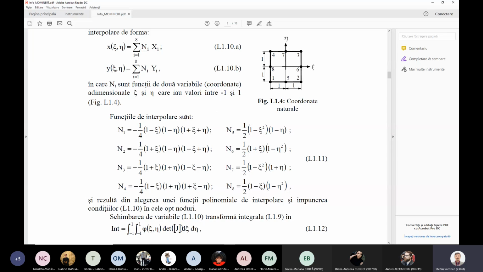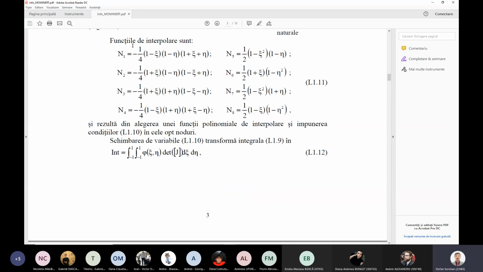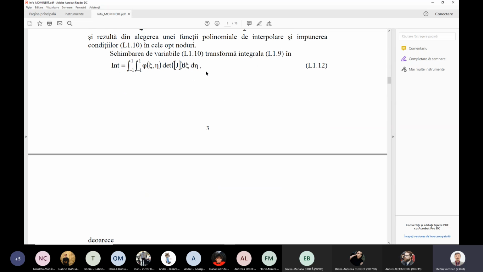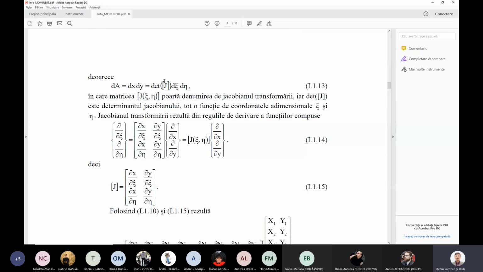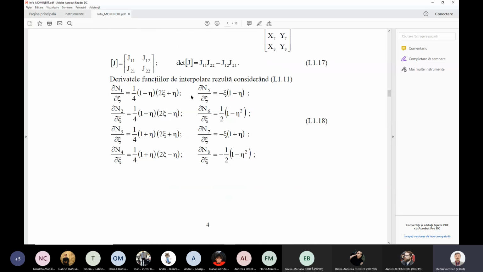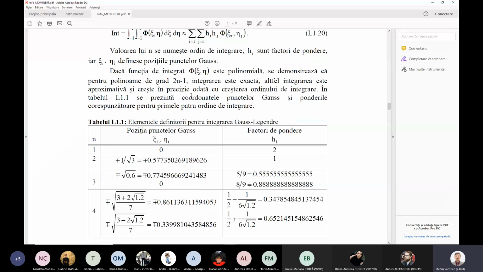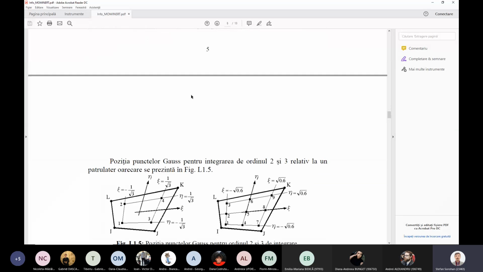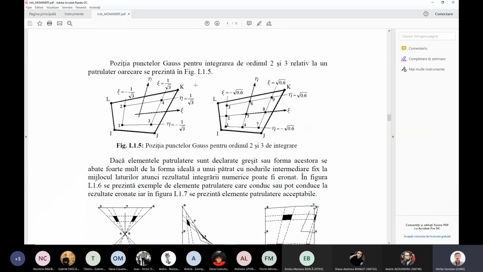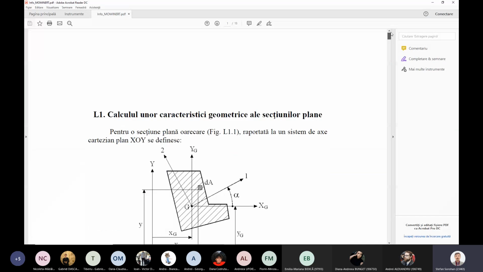You cannot understand the basics yet, because we have interpolation functions or shape functions, and some Jacobians. So it's complex. Please neglect this aspect, which is not important. For today, for the labs, it is important to understand the results.